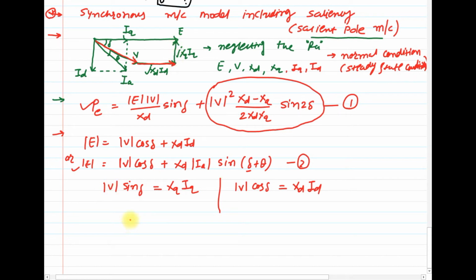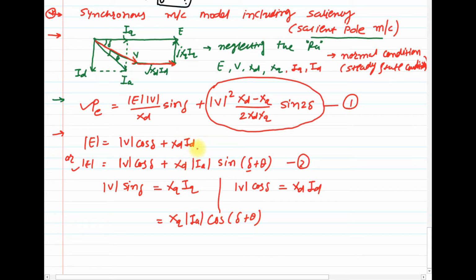So just substitute the value of IQ, as we substituted over here for the ID. Here we have considered ID is equal to IA sine delta plus theta. Same way, write down the condition for the IQ, which is IA cos delta plus theta.